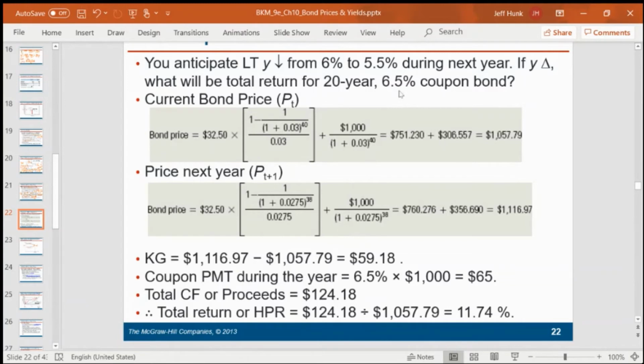Now, first thing, this is the coupon interest rate, and even as of today, which one is greater, the coupon rate or the yield?